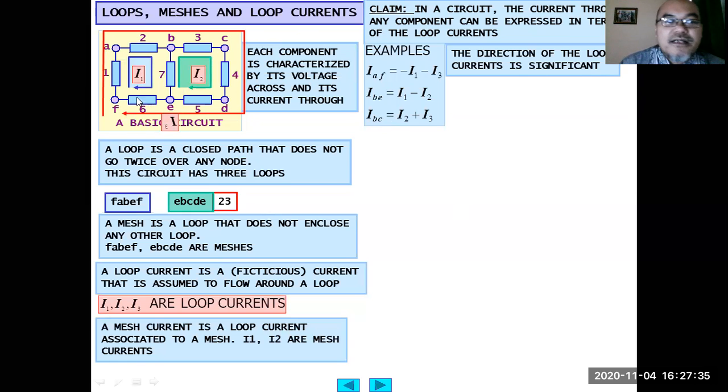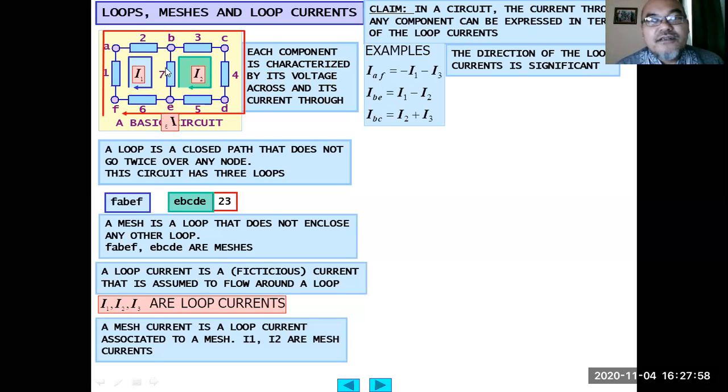So an example here, IAF, the current flowing from A to F, will equal negative I1 minus I3.